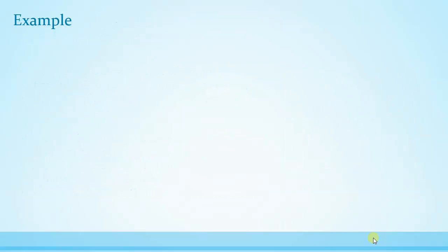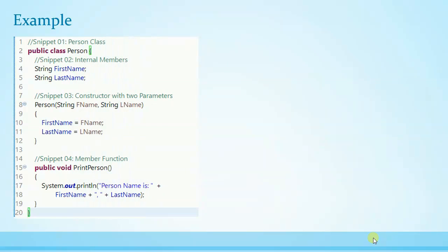We will see an example. Here the class is Person, and in code snippet 2 you can see there are two internal members, first name and last name, both of string data type. These two are the internal data members. And if you look at the constructor in code snippet 3, it matches the class name Person.